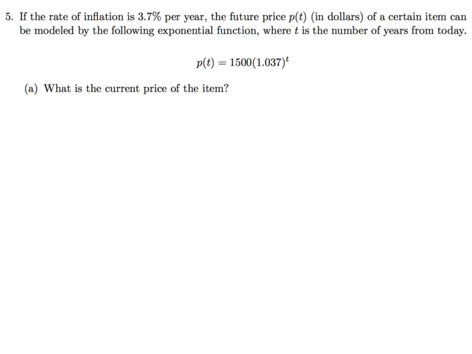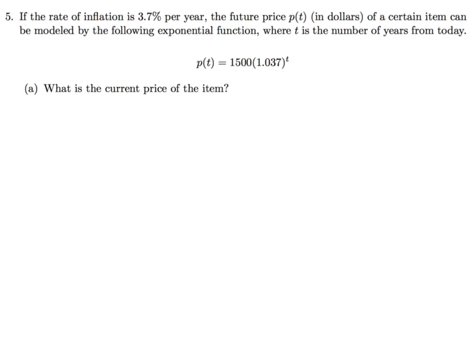So this is clearly an exponential growth problem as well. Inflation means prices are going up, and this function is getting bigger. As t gets bigger, all those numbers get bigger.